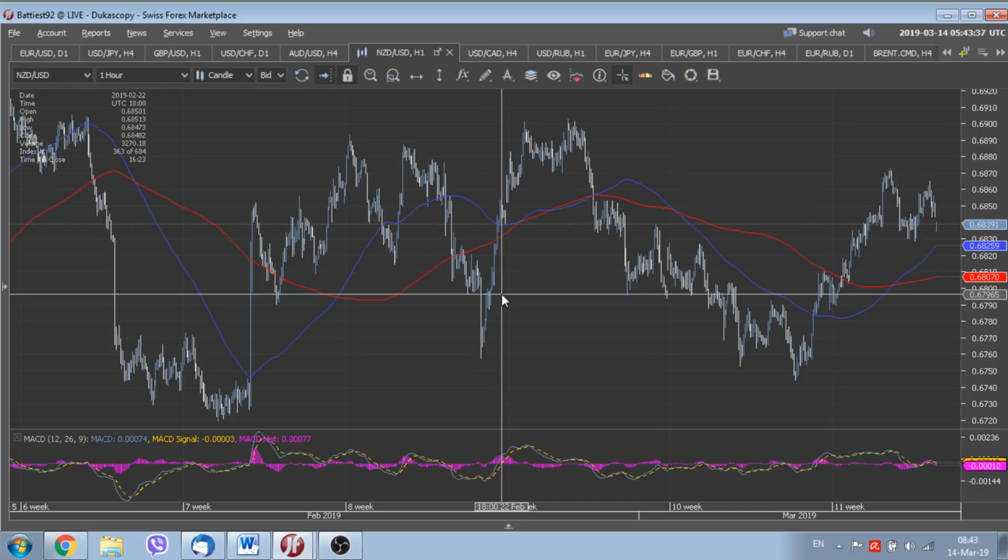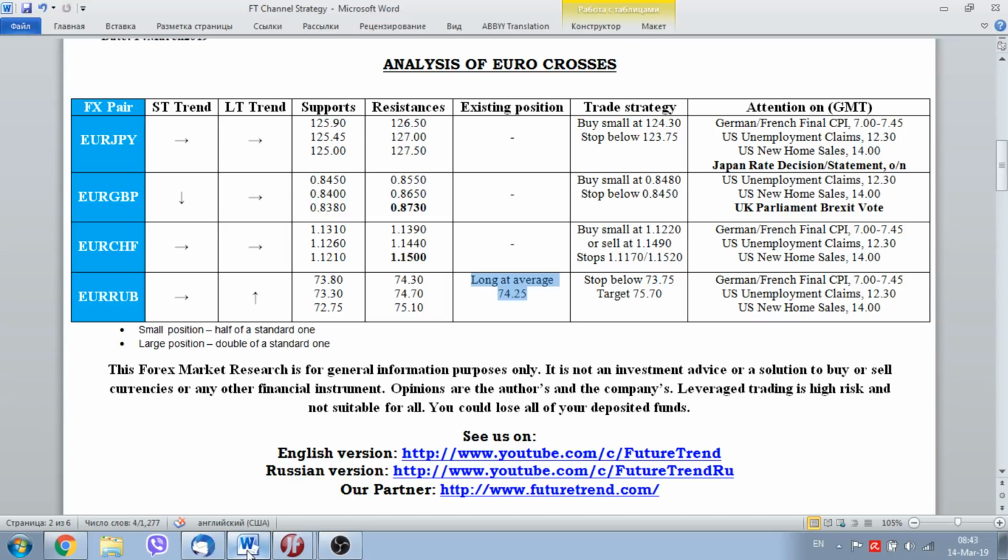But overall, we suggest that here the situation should remain stable. We continue to suggest that sooner or later the United States currency will be back under selling pressure, and that will mean that both the Aussie and the Kiwi should tend to the upside.